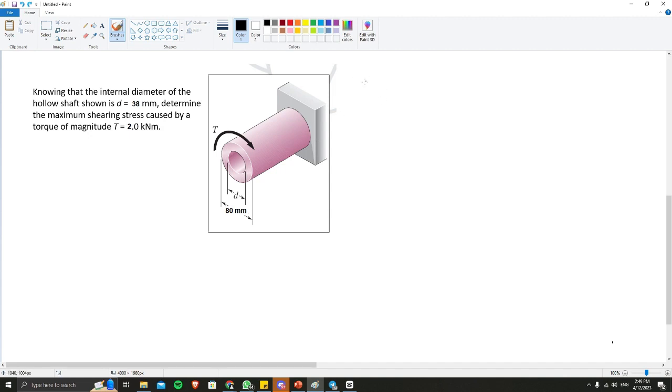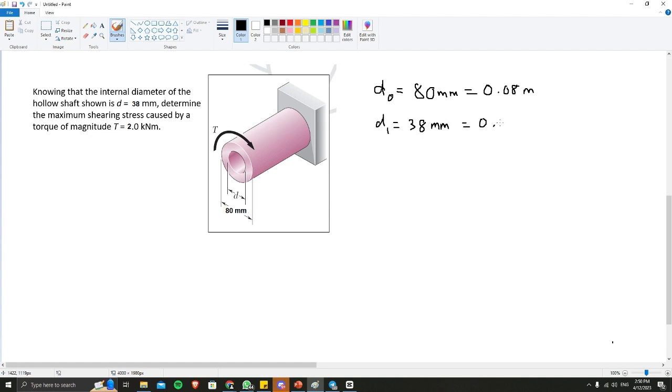So for the first one, I will say D0 for the outer layer, which is 80 mm, or if we convert it, it will become 0.08 meter.